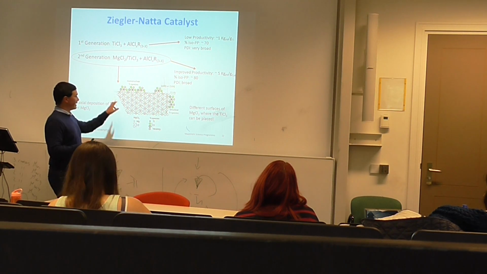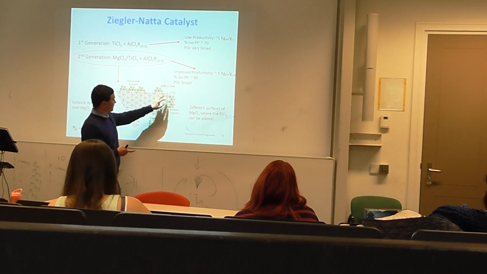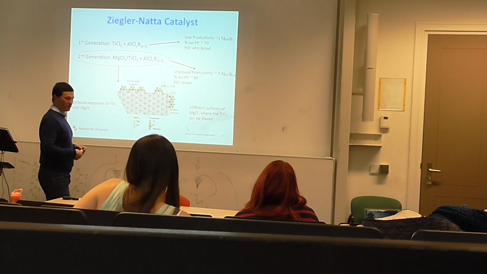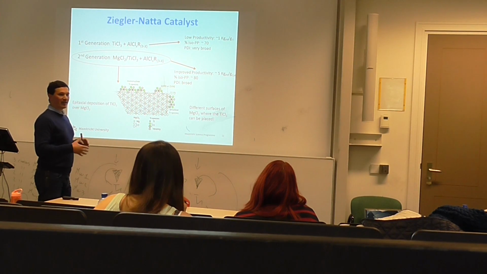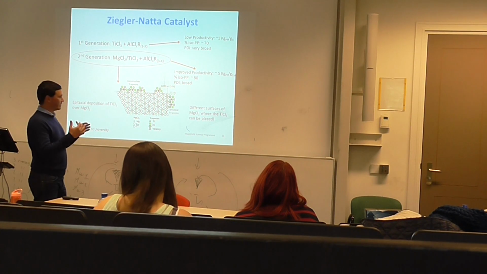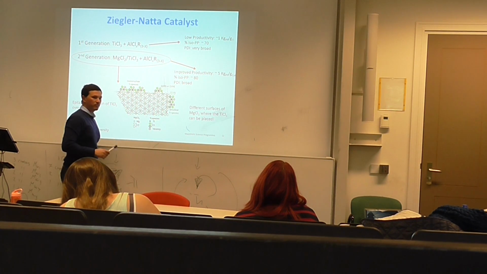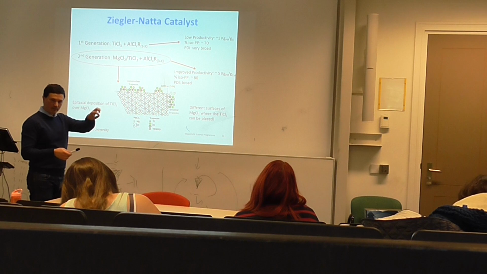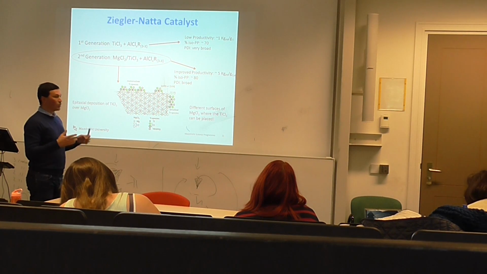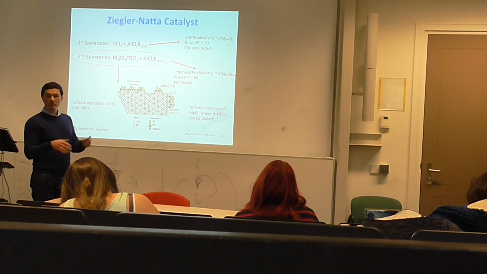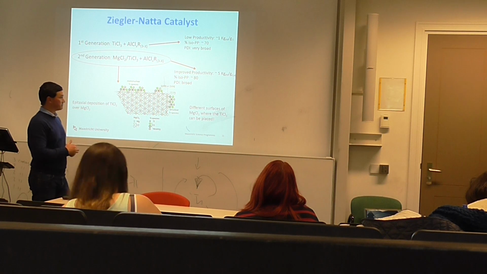Another source is the different kinds of titanium over the magnesium chloride. Because the magnesium chloride has different cuts, different phases, you have different crystallinity patterns, and the titanium can sit over these different patterns. You have different species, which can give different kinds of polymers. Okay, and that's another source of broadening of the molecular weights.